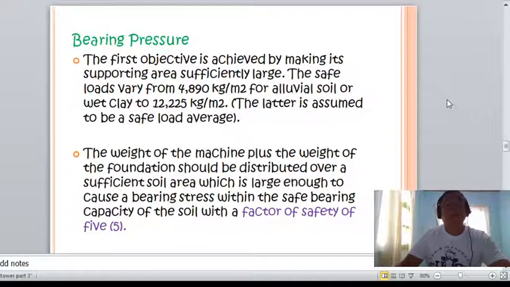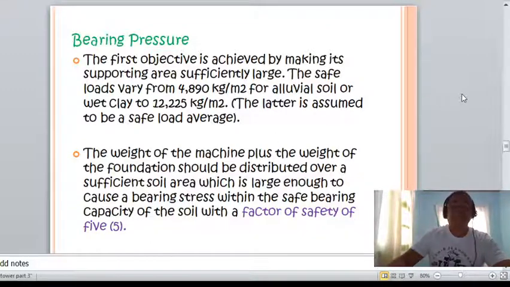Another we have here the bearing pressure. This is very important, class. The first objective is to achieve this by making its supporting area sufficiently large. The safe loads vary from 4,890 kilogram per square meter for alluvial soil or wet clay to 12,225 kilogram per square meter.